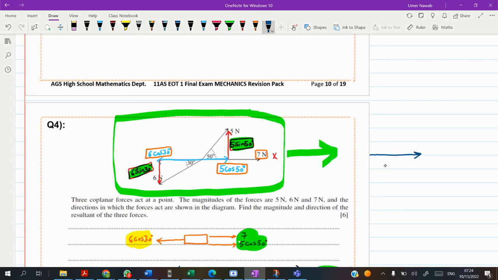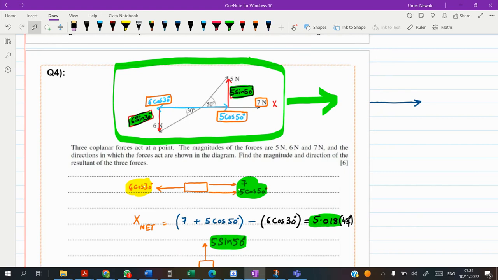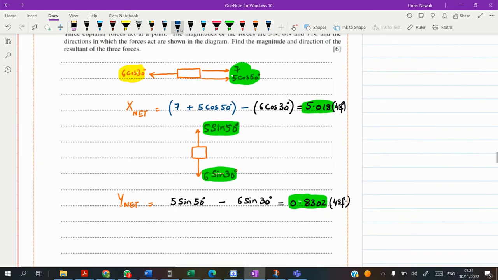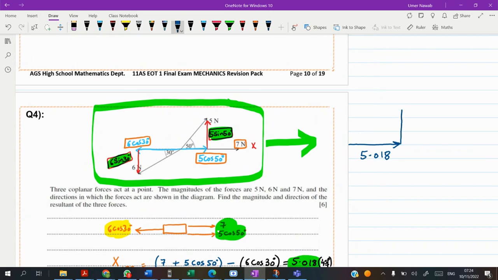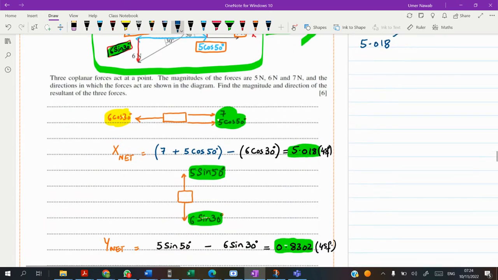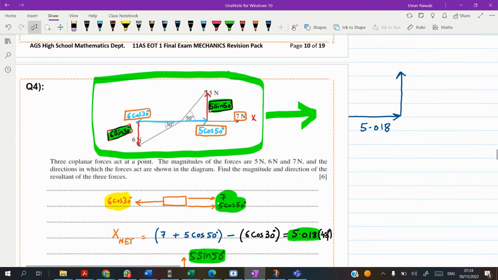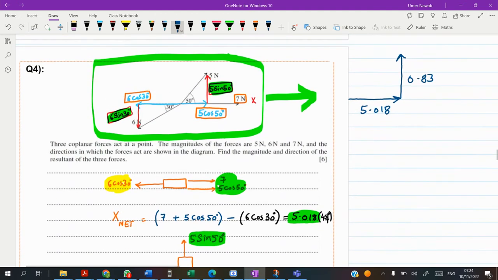There is an x net, because it is positive. What is the magnitude? 5.018. There is a y net which is positive. It means it is acting vertically upward. What is the magnitude? 0.8302.